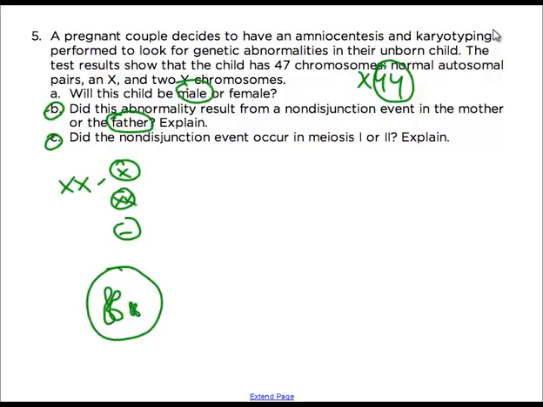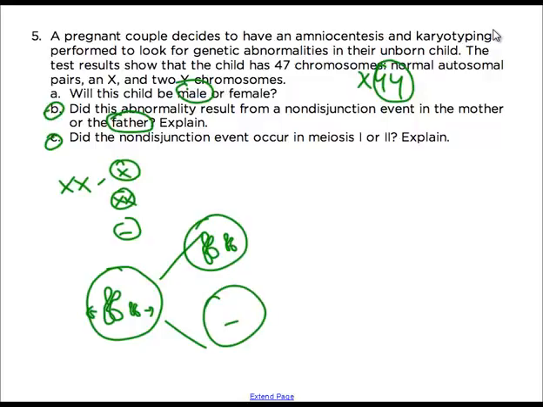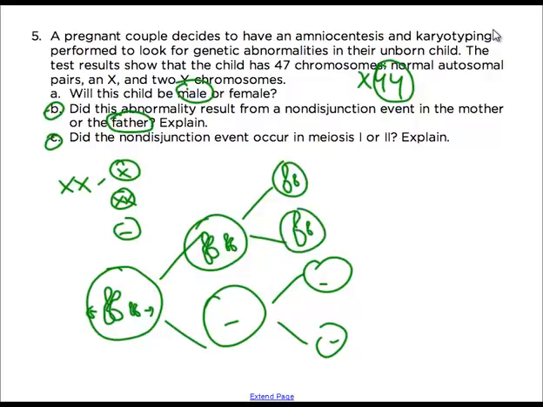If non-disjunction occurs in meiosis 1, what will occur is that all this material, it's a failure to separate of the homologs, right? So all this material will end up in this one cell, and this one will have nothing. And then these will still have nothing. You basically get an XY gamete and an XY gamete.